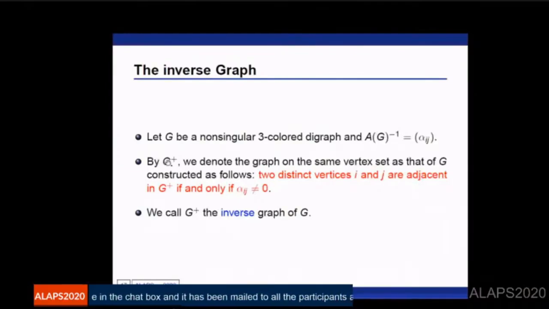Then by G plus, we denote the graph, not necessarily a three-color digraph, on the same vertex set as that of G, constructed this way. Two distinct vertices i and j are adjacent in G plus if and only if alpha ij is non-zero. This is how it is defined. And we call G plus the inverse graph of G.